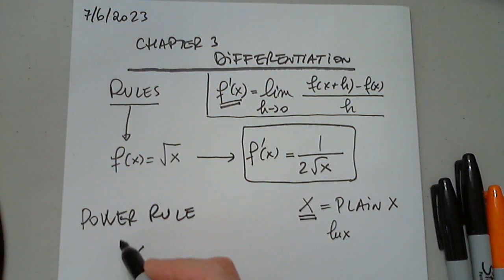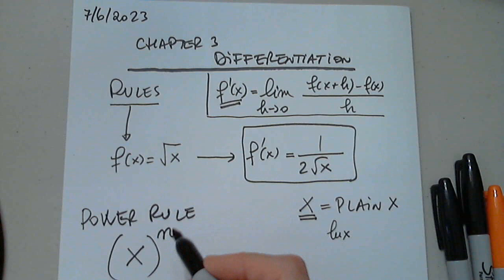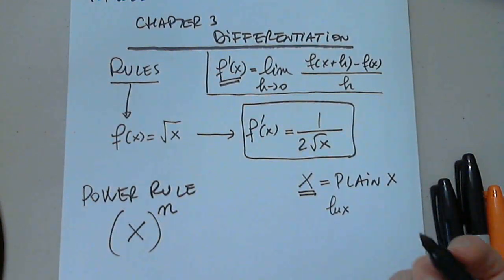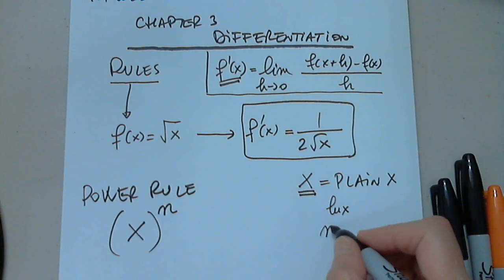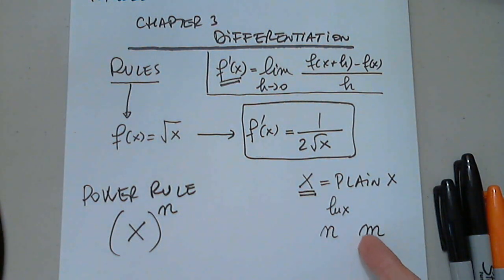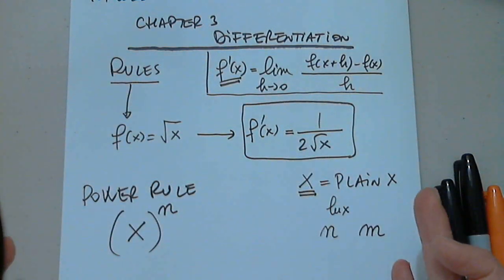If we have just plain x to a power n, so remember, I always tell you, because it's different, I guess I got used to it. So this is my n, and it doesn't matter, you can use m, it's the same thing.